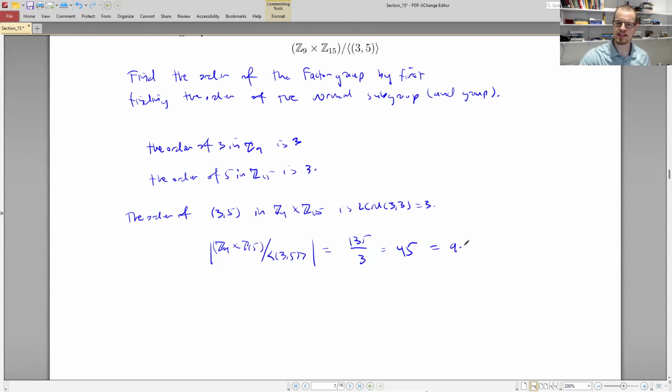Here we have that this is 9 times 5, or what we can observe as 3 times 3 times 5.